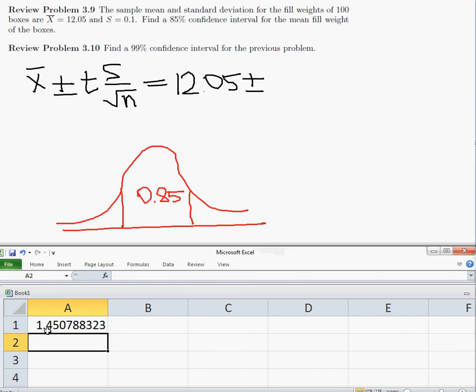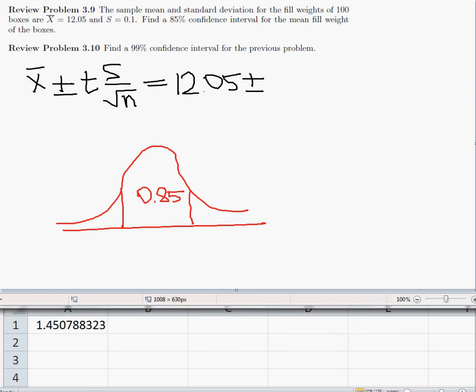And so we get the cutoff value of 1.4508. And same other side for negative.